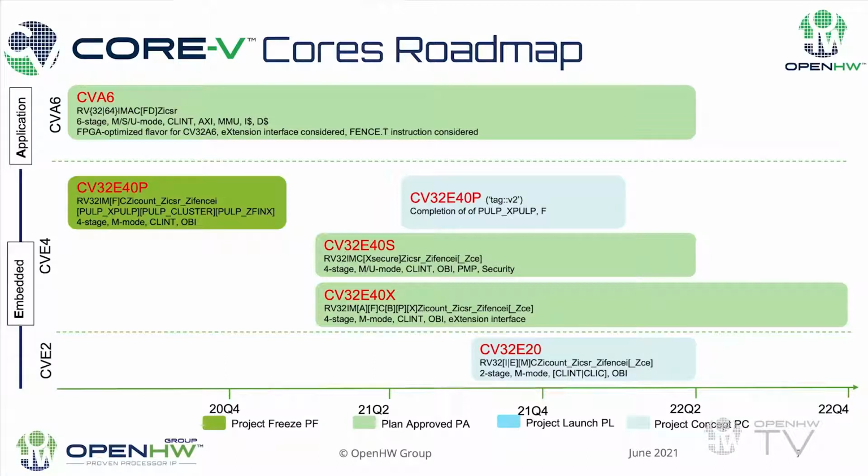We're verifying the full pulp extensions, namely hardware loop instructions in this work. We also have a 2-stage core that we'll be getting underway. And on the application side, the original Ariane core, we have both a 64-bit and a 32-bit implementation of that application class core in development. So a very healthy roadmap.